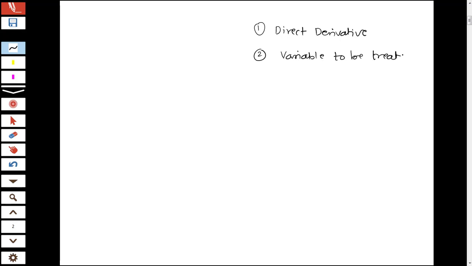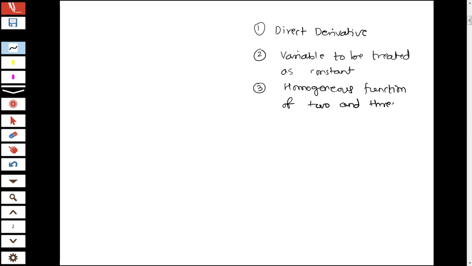That I will explain in the example itself. Third, we will have examples on homogeneous function of 2 and 3 variables, particularly for finding the degree.